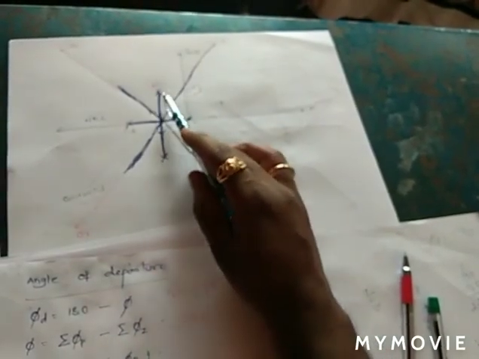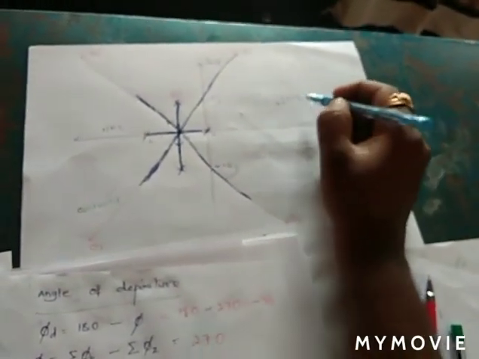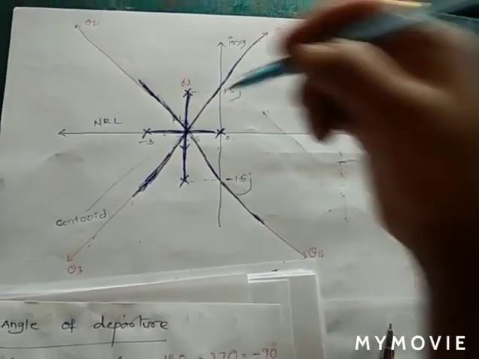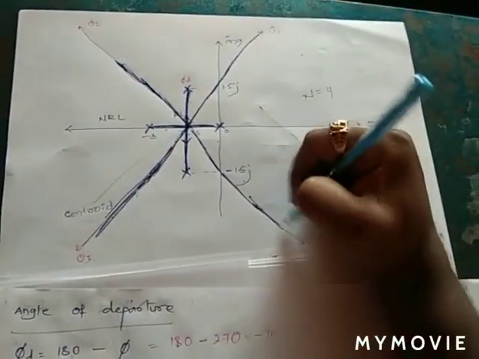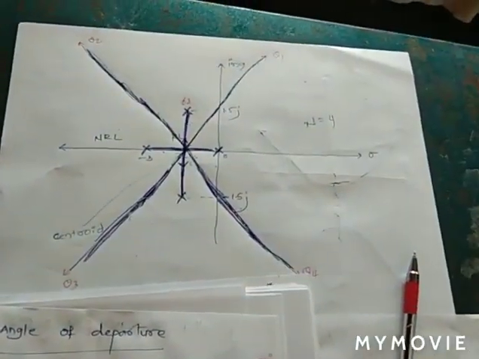So 1, 2, 3, 4. So n is equal to 4. So this is the actual root locus.